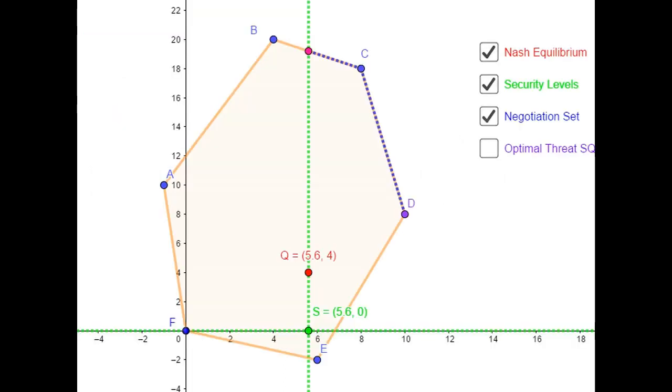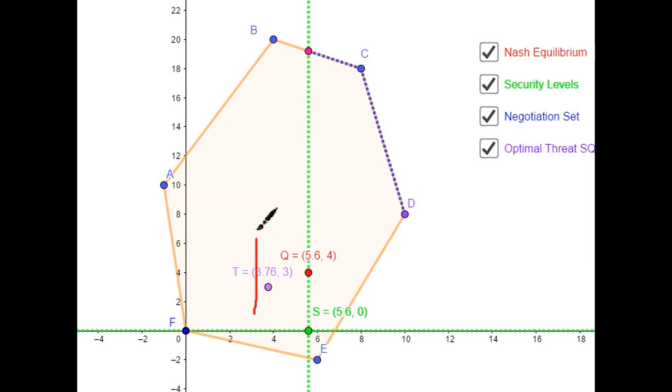Let's take a look at the geometry, right? Remember, Rose does a lot better with both the Nash equilibrium and the security levels. And let's take a look at this optimal threat point, at 3.76 and 3. Notice that Colin has a lot of places where he can threaten Rose, right?